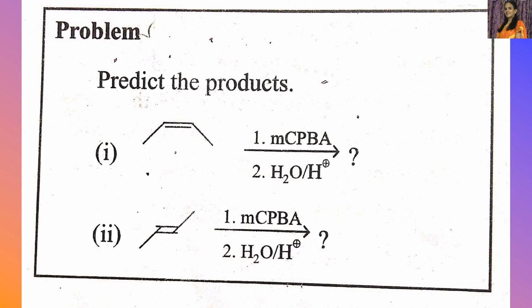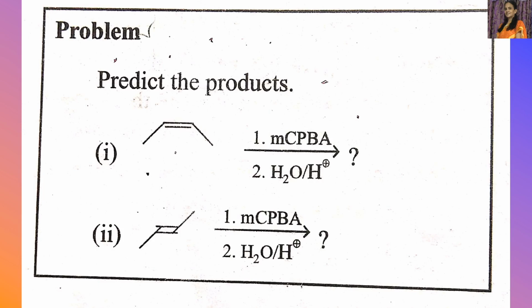So here we have given an alkene. This is the cis alkene, CH3, CH double bond CH, CH3. This is nothing but 2-butene, cis-2-butene.